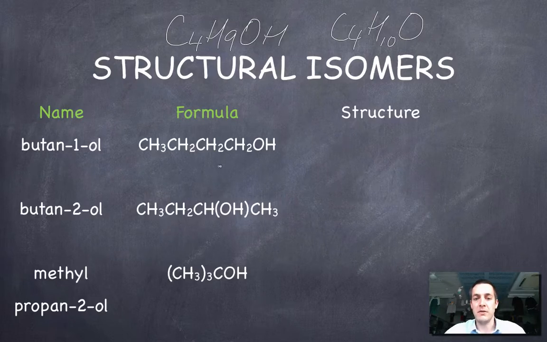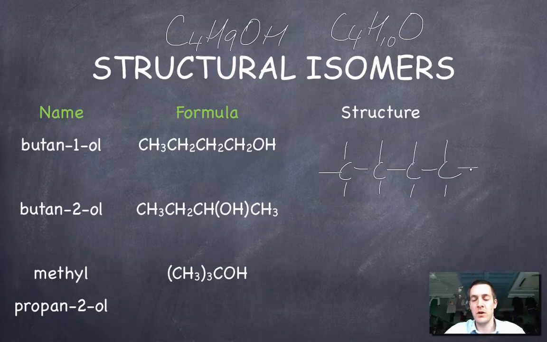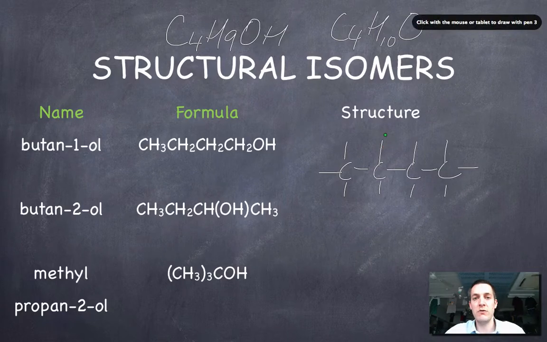So they've all got this formula. What's different about them? Well, the difference is where the alcohol group is. So if I draw myself a 4-carbon chain, that's why these 2 are called butanol, because their longest chain is 4. And if I then put in all the bonds that the carbons can have, we can hopefully see, just like before when we were talking about branches on a chain, that there are 2 different places that I could put my alcohol group.